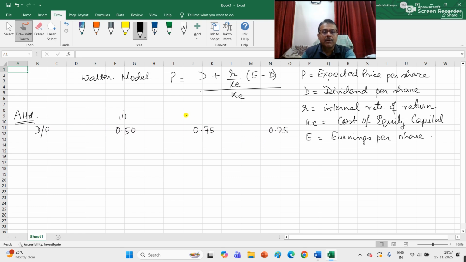Here the internal rate of return for A Limited is given at 15% and the cost of capital is given at 10%. Earning per share E is given at rupees 8.